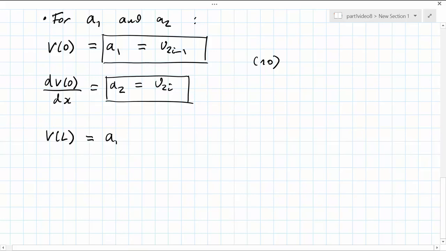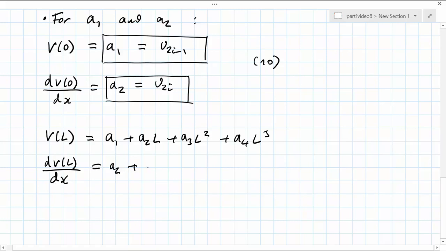V(L) is equal to a1 plus a2L plus a3L² plus a4L³. dV(L) by dx is equal to a2 plus 2a3 times L plus 3a4 times L². V(L) is equal to u_2j−1, and dV(L) by dx is equal to u_2j.